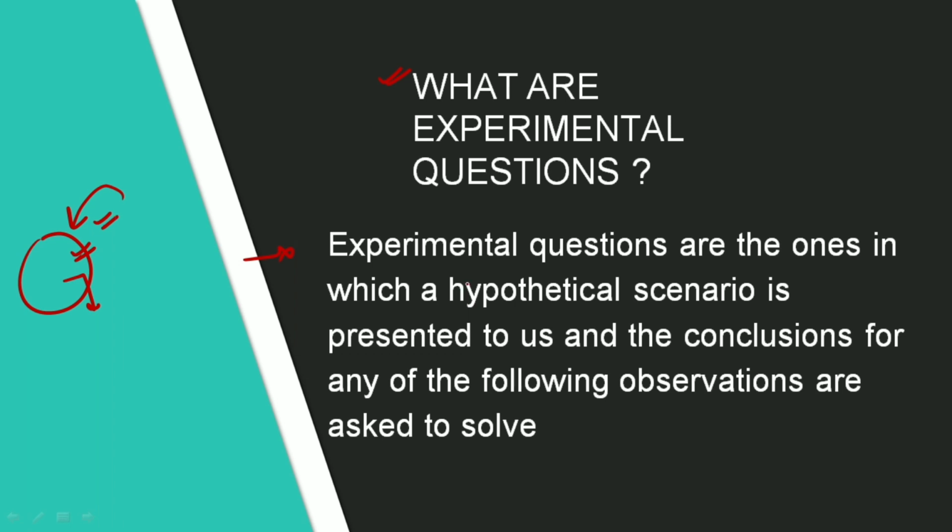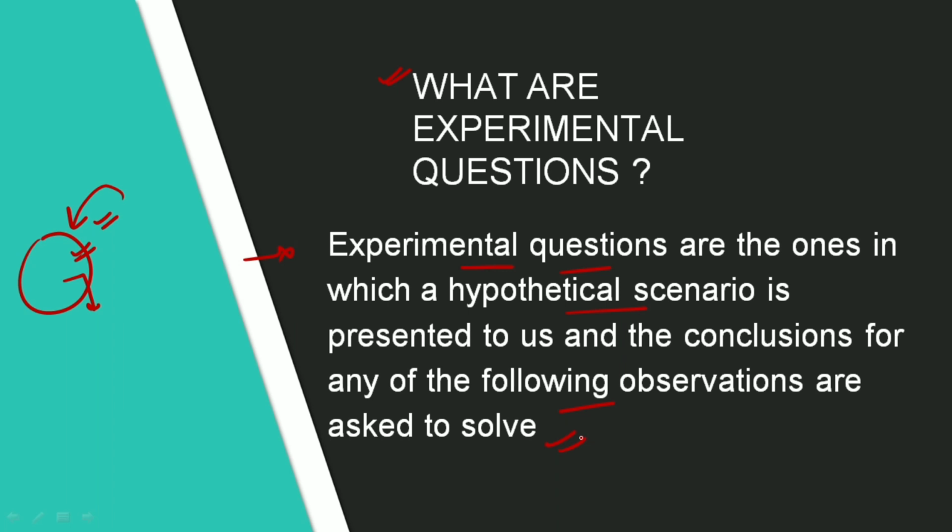So we can say that experimental questions are the ones in which a hypothetical scenario is presented to us and the conclusion of the following observations is asked. Either the observations are given and we have to find out which observations are correct, or the other way around, we are given the hypothetical scenario and we have to find out which observation is correct.